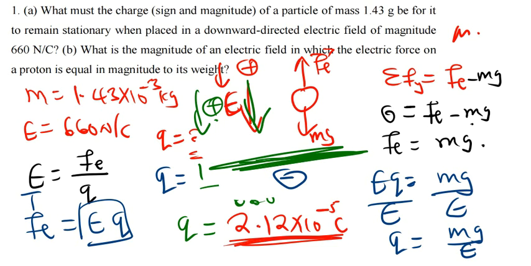So if I make the charge positive, it's going to be attracted and move down. But if I make this charge negative, let's think of this.